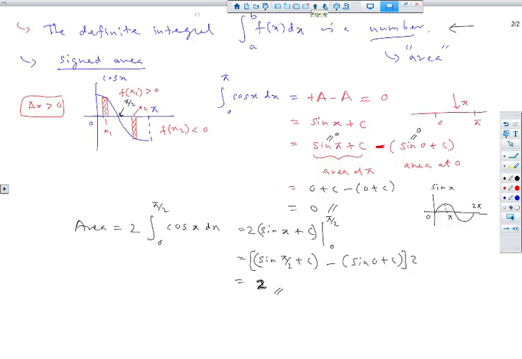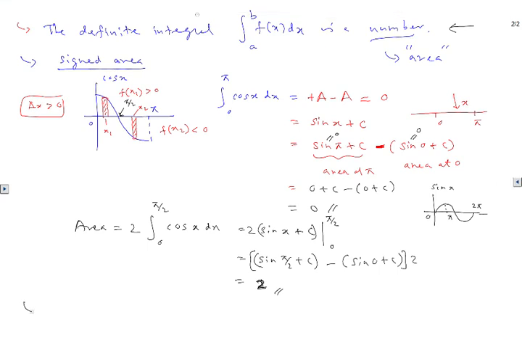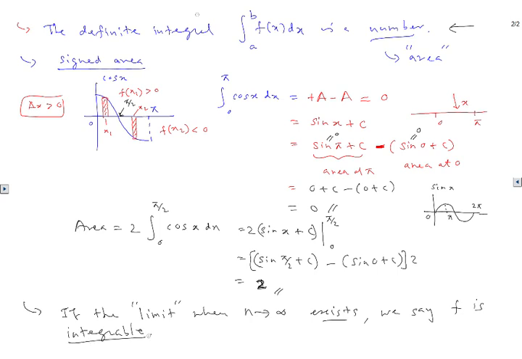So if the limit that we discussed in the previous page, when n goes to infinity, exists, we say f is integrable. Okay, so if the limit exists, because it's not always the case.